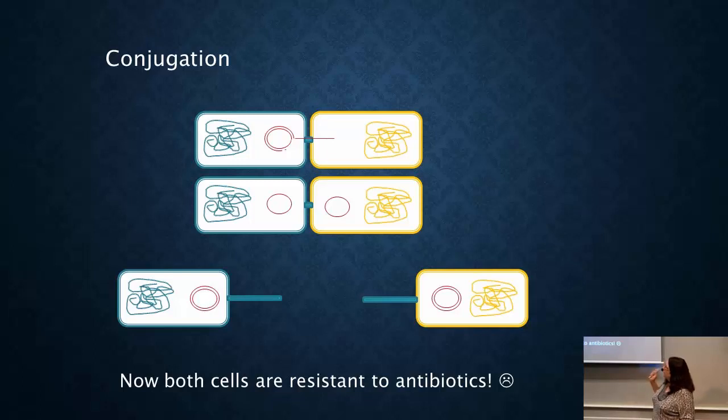There are lots of kinds of these plasmids and different pili and things, but this could happen sometimes between cells that are closely related, like two E. coli cells, but it can also occur between very, very, very different types of bacteria.